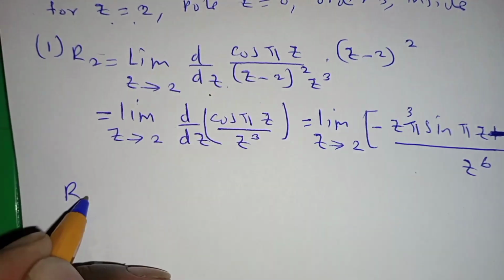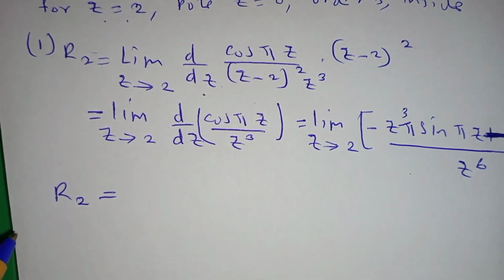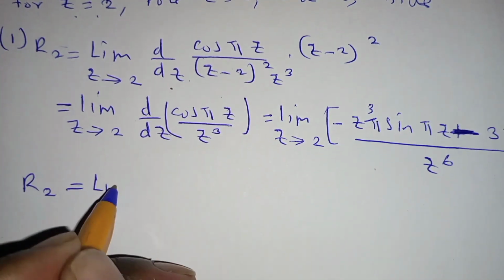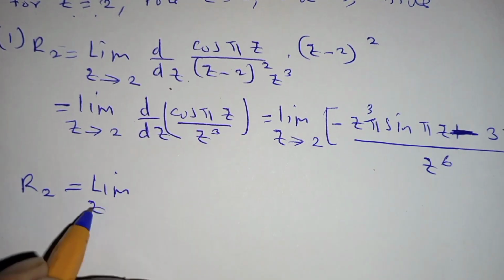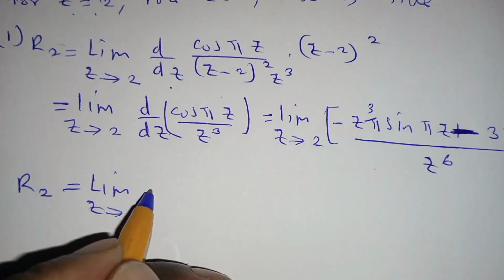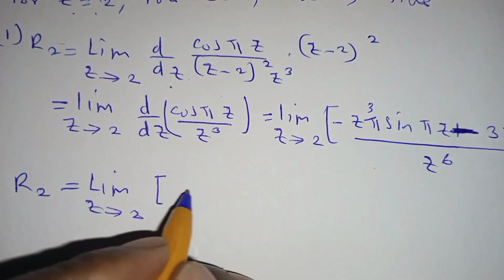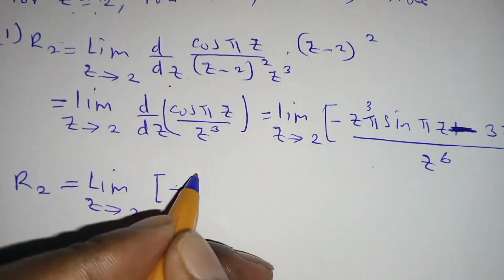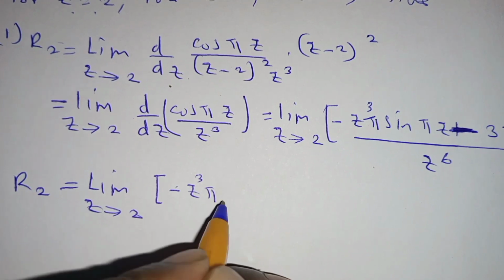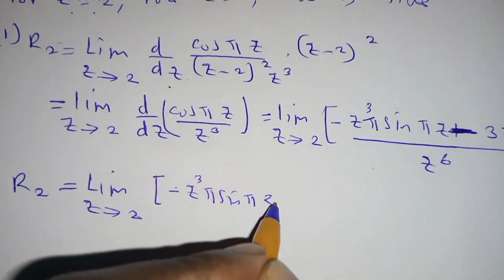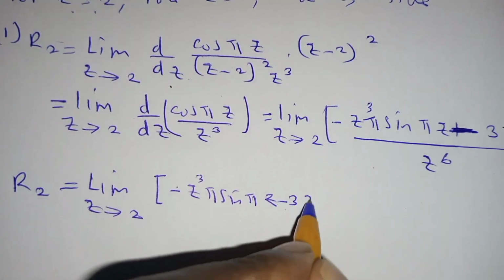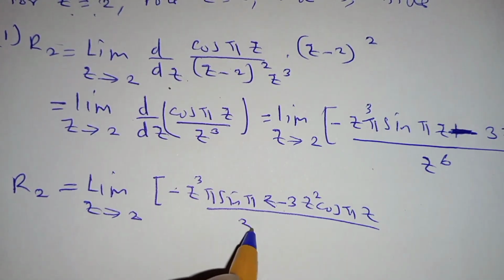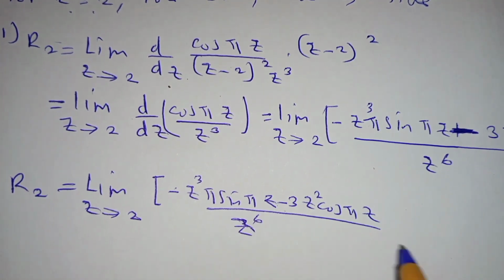So R of 2 is equal to the limit as z tends to 2 of negative z cubed pi sine of pi z minus 3z squared cos of pi z over z power 6.